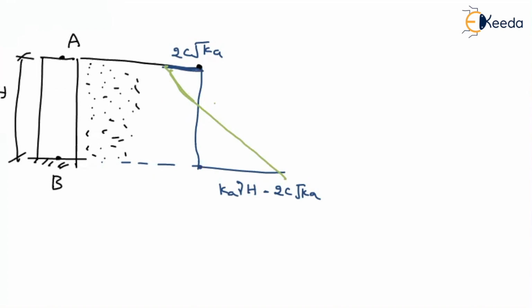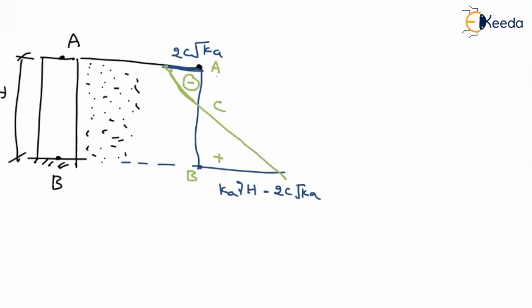Let us say this point is C. From A to C, the soil is under tension, and from C to B, the soil is under compression. From A to C, the soil is trying to move toward the left side, and in the portion A to C, the stress acts in the opposite direction, that is, toward the right side.